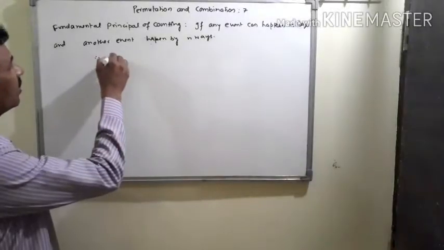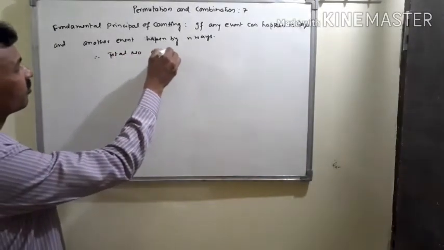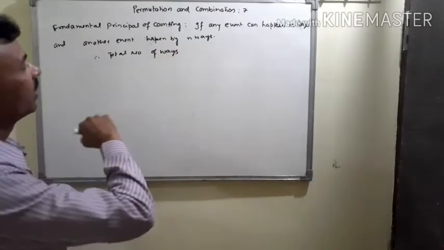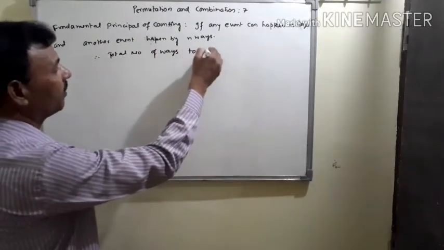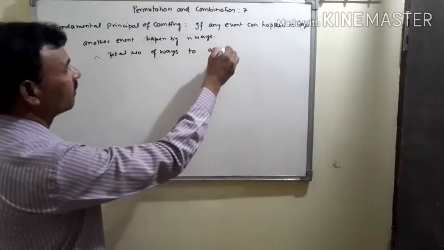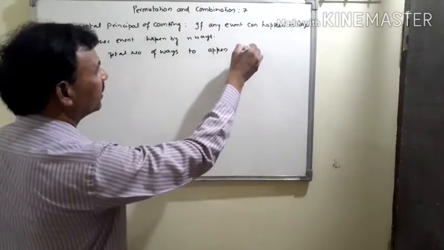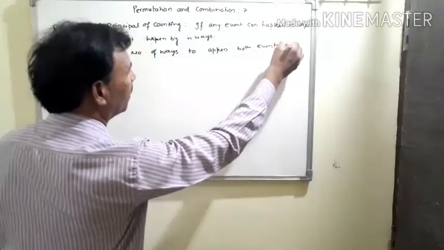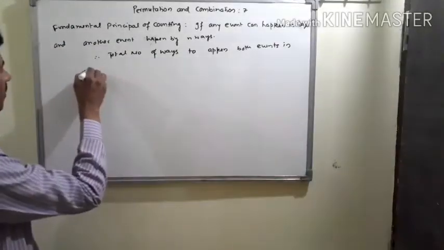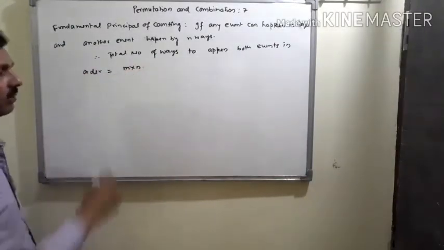Therefore, the total number of ways to happen both events in order is equal to m into n.